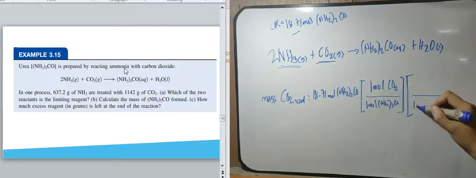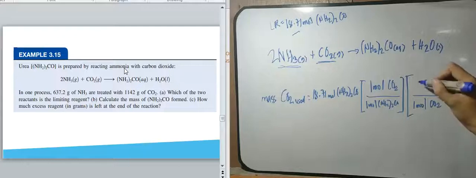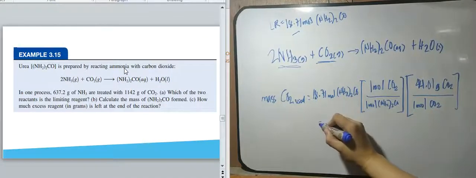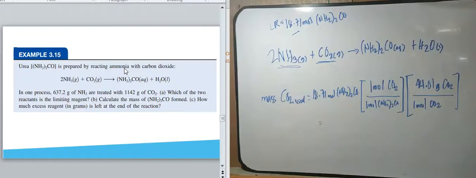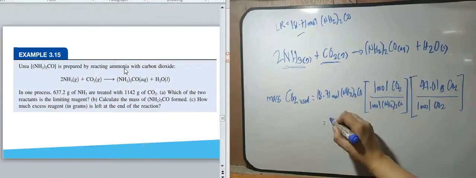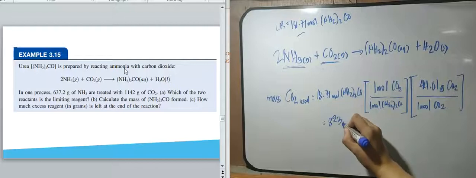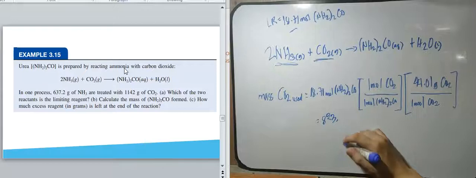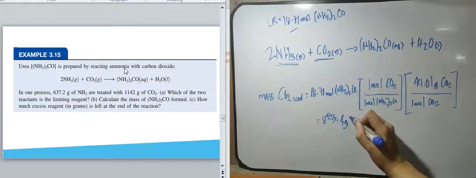In 1 mole CO2 there are 44.01 grams CO2. Therefore, how many grams of carbon dioxide are used? It has 823.4 grams CO2.